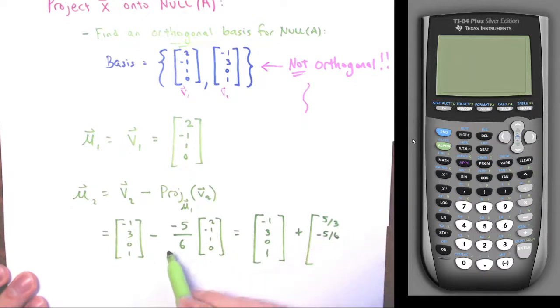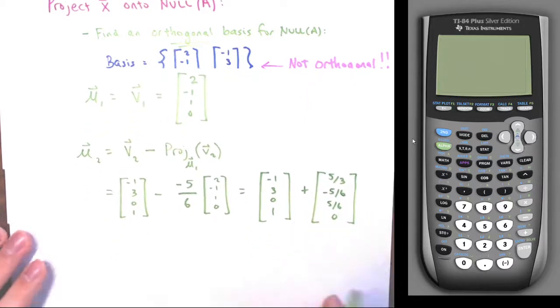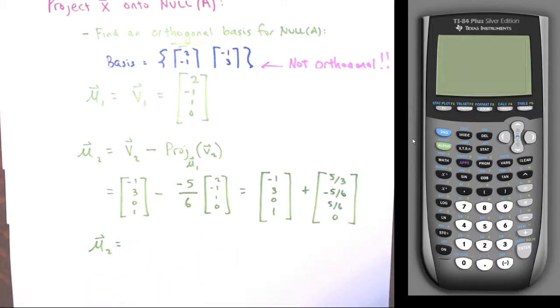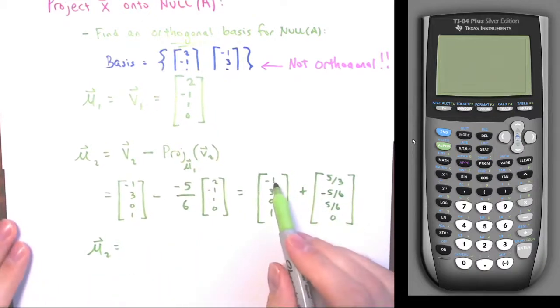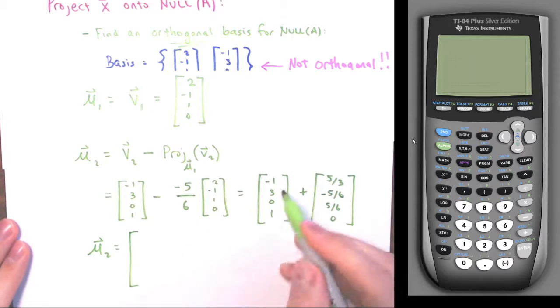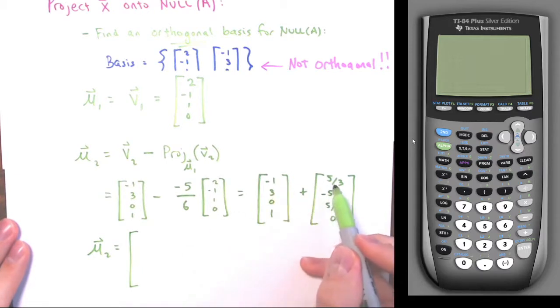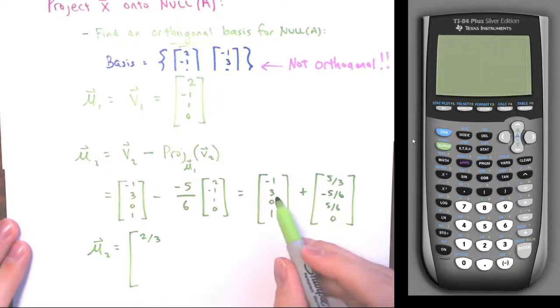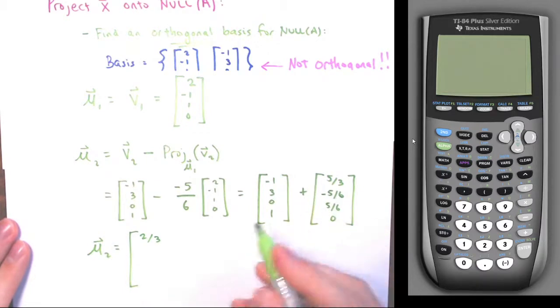Then positive 5/6 times 1 would be positive 5/6, and then we have 0. Putting these together gives me the second vector in my orthogonal basis. So this is -3/3 plus 5/3, which is positive 2/3. And this is 18/6 plus -5/6, which will be 13/6.